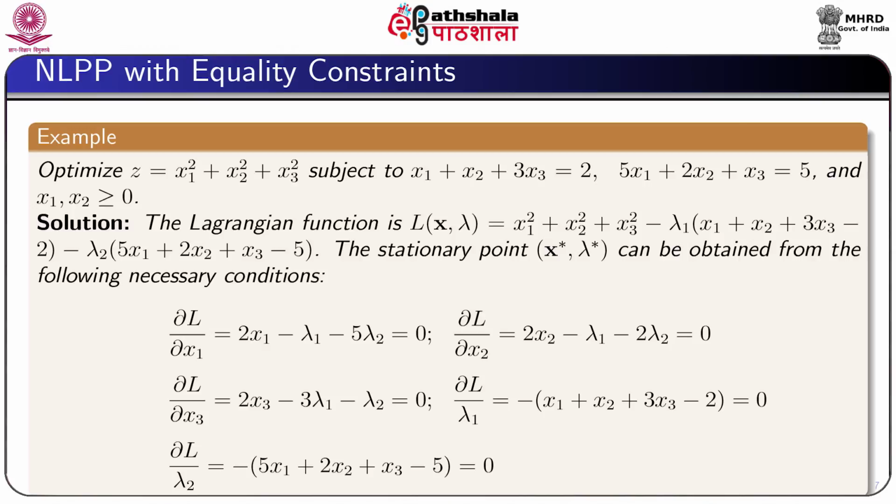Then the stationary point (x star, lambda star) can be obtained from the following necessary conditions: del L by del x1 equal to 0, del L by del x2 equal to 0, del L by del x3 equal to 0, del L by del lambda1 equal to 0 and del L by del lambda2 equal to 0.